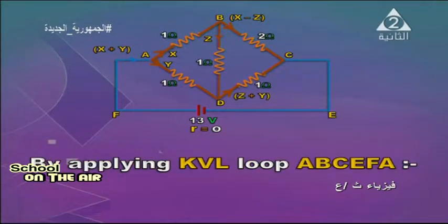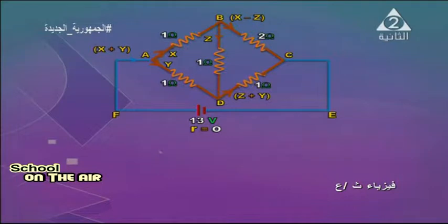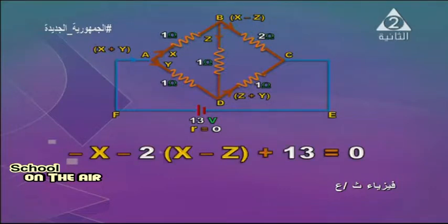By applying Kirchhoff voltage law on loop A, B, C, E, F, A. This means we are going to apply it on the entire circuit. Your attention, we will do the same. So, minus X. When passing through the branch BC, what happens? We are going in the same direction of the current.